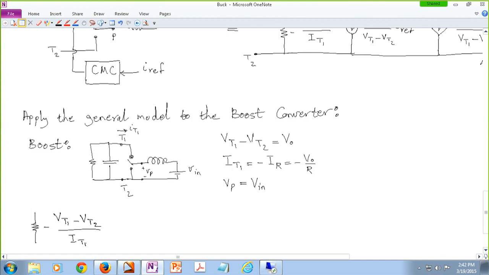So a negative of VT1 minus VT2 is V out, IT1 is negative V out over R, so this is nothing but just the resistance R.